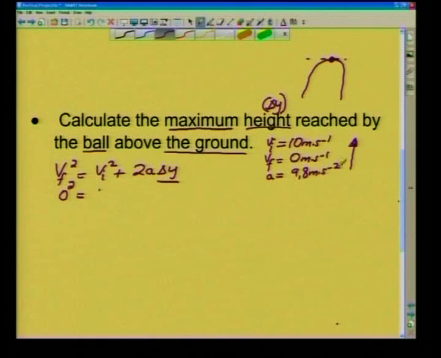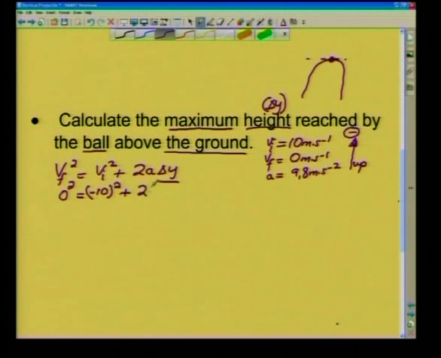Let's take the upward motion to be negative. So the velocity with which the ball is thrown upwards is negative 10, and I need to show that I'm taking upwards as negative, so that will be negative 10, all squared.